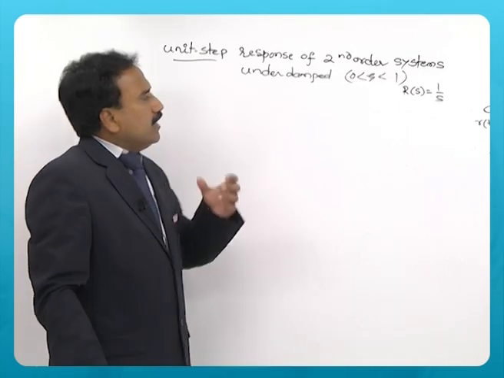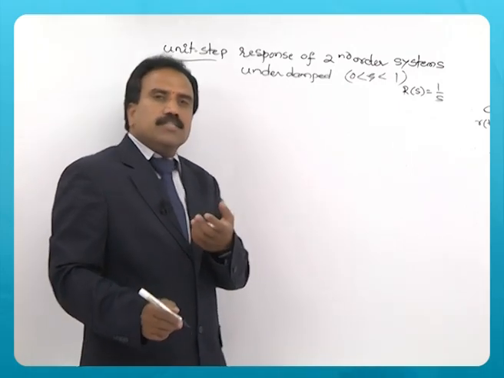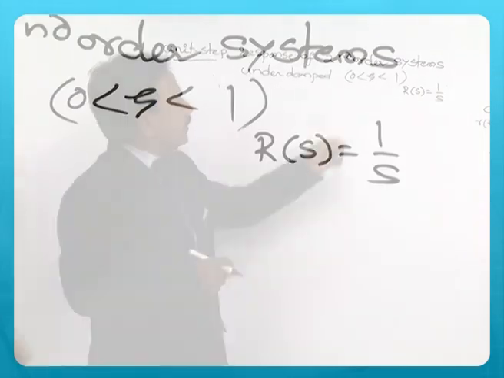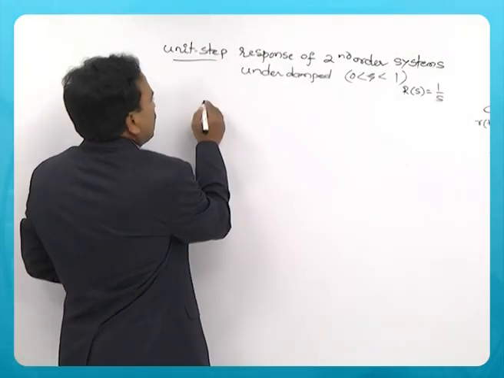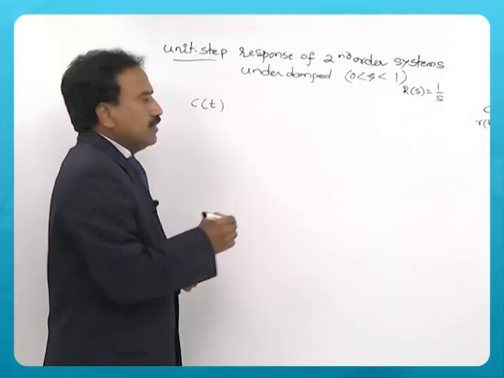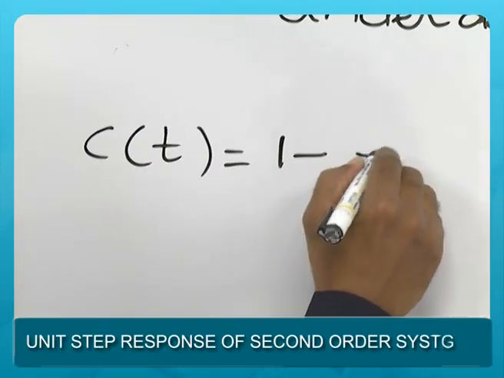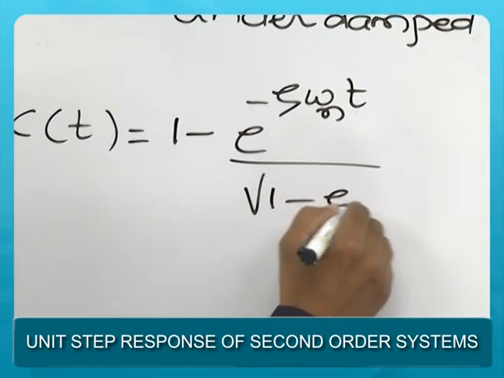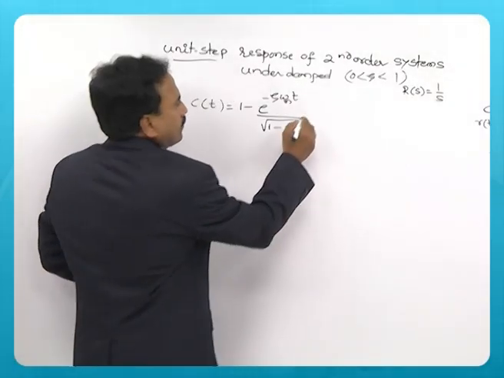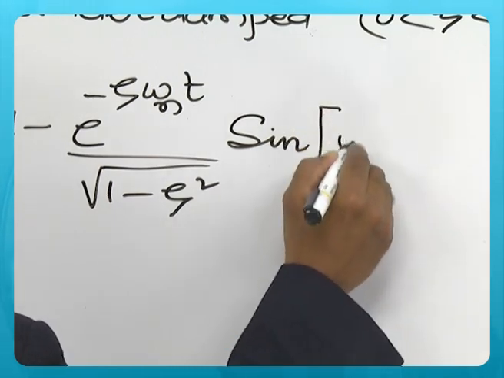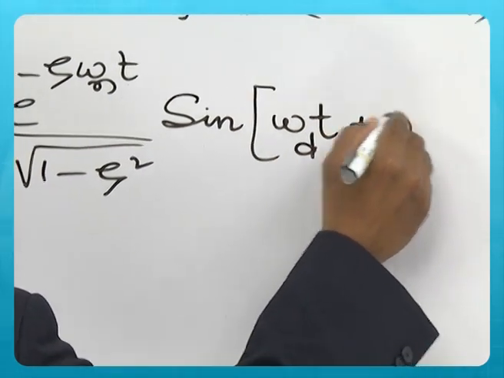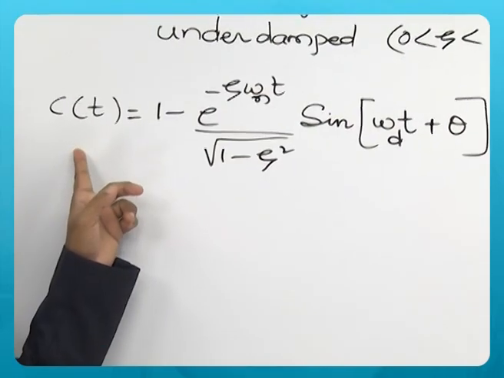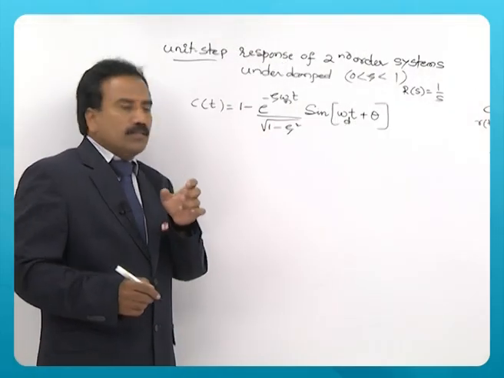Again, for the standard second order system considered in terms of omega n and zeta, excited by a unit step input, and zeta not 0, you will get C of t equal to 1 minus e power minus zeta omega n t by under root of 1 minus zeta square, sine of omega d t plus theta.